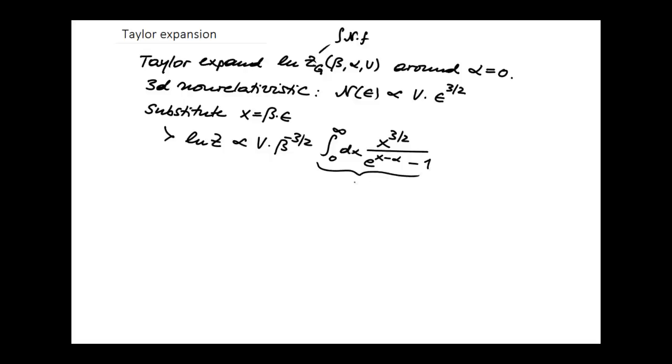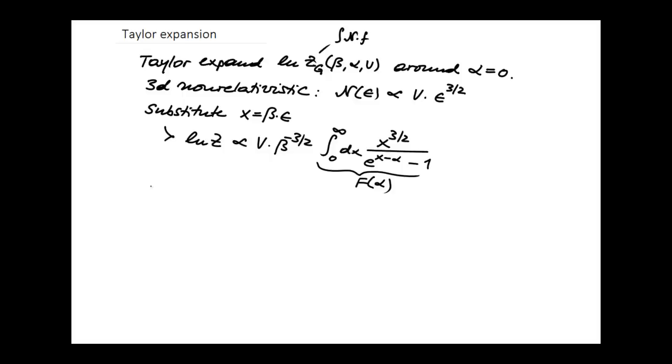Now, this is a very special integral which cannot be calculated analytically, and this is the only term in the formula for the partition function that carries a dependence on alpha. So when we say we want to Taylor expand the log of the partition function around alpha equal to 0, what this means is that we should Taylor expand this integral, this f of alpha, around alpha equal to 0.